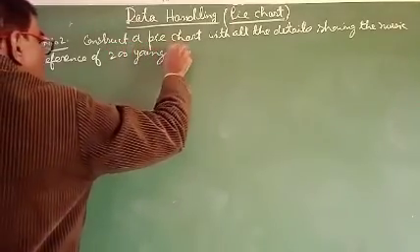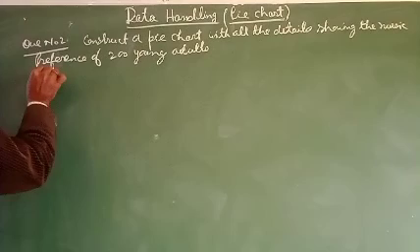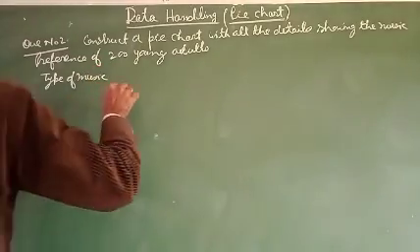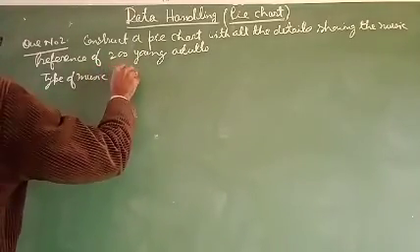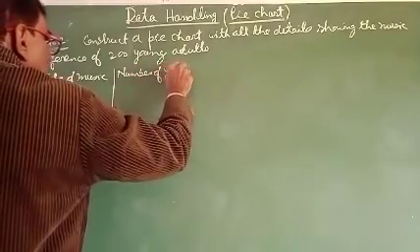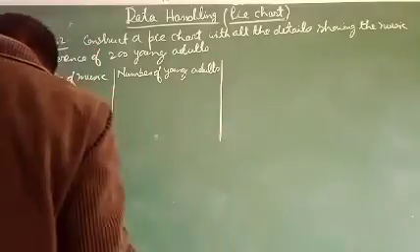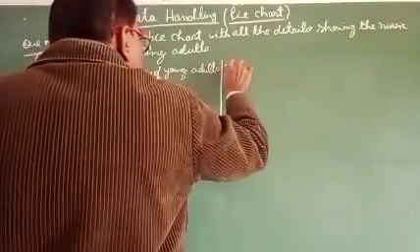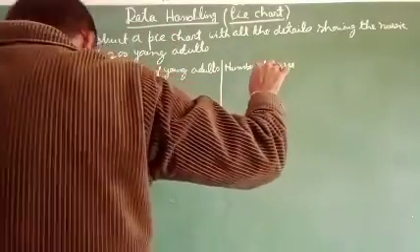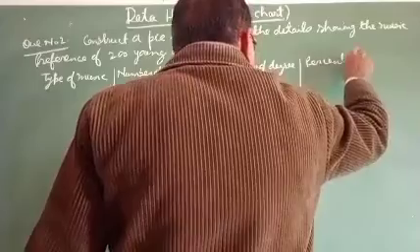Here we have the type of music, the number of young adults, the number of degrees, and the percentage.